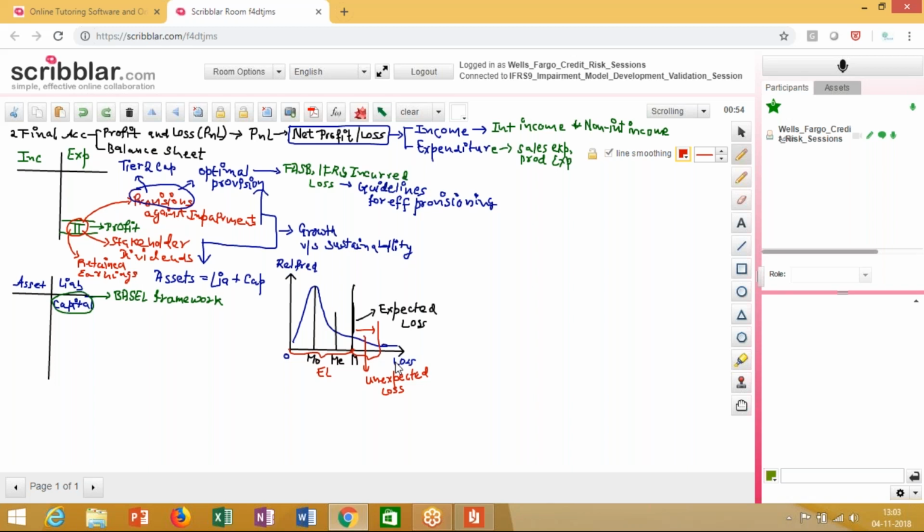So what we are trying to do over here is keep aside provisions for expected losses. Whatever average or expected losses or small exposures are obtained, I'm putting them aside. Whereas the unexpected losses, which are of a larger exposure but lower frequency, are taken care of by the capital, right?